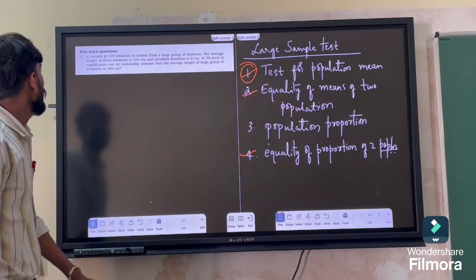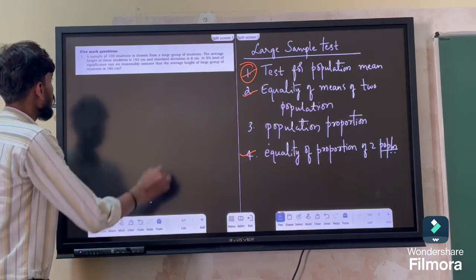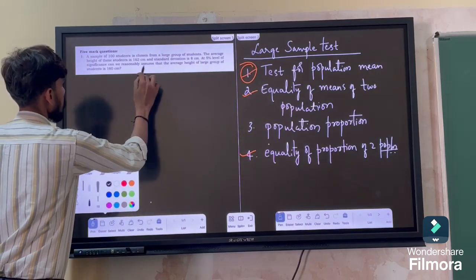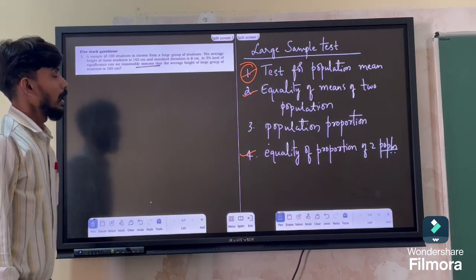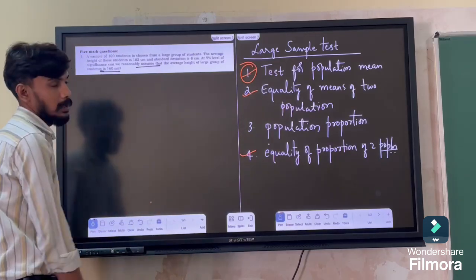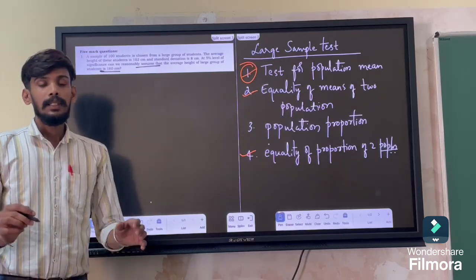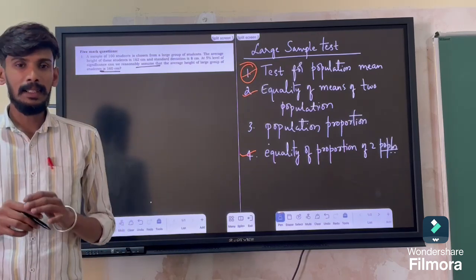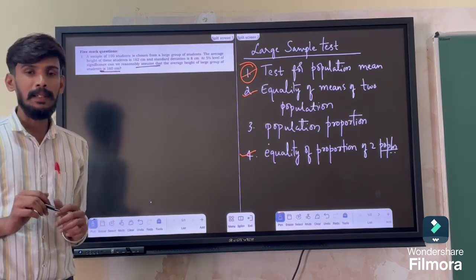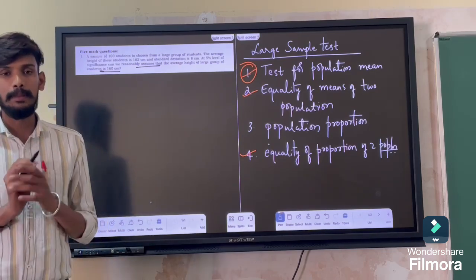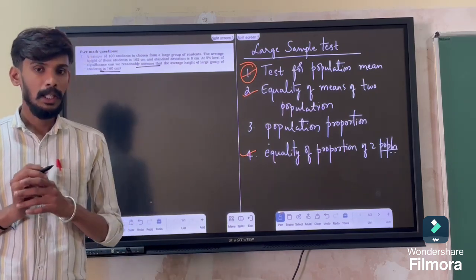At 5% level of significance, can we reasonably assume that the average height of the large group of students is 160 centimeter? Here our overall objective is, based on the statistic related to the sample, to conclude about the entire population.